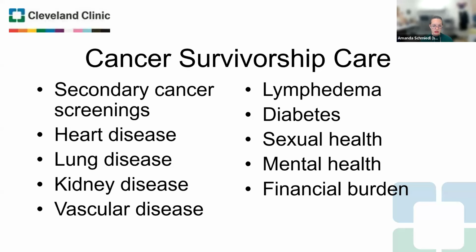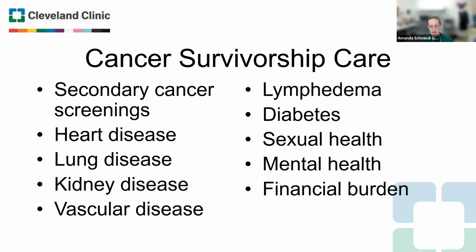Those who have received chemo and radiation or reconstruction may be at higher risk for secondary cancers. We know that cancer treatment can increase risk for some heart, lung, kidney, and vascular disease. And we know that sexual health, mental health, and financial health is greatly impacted by cancer care.